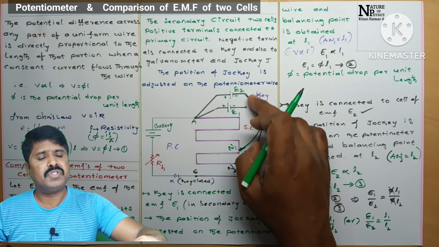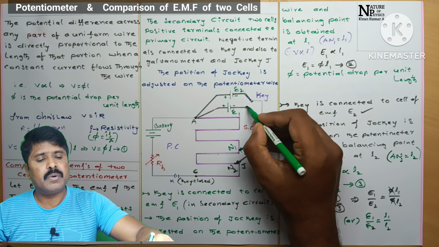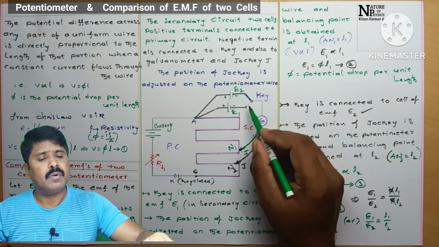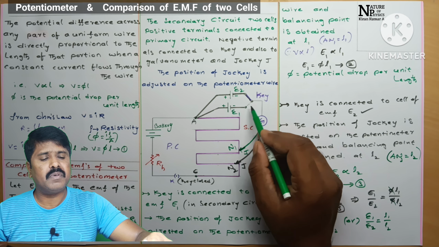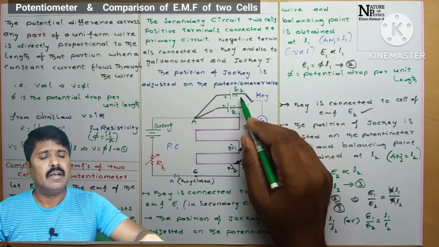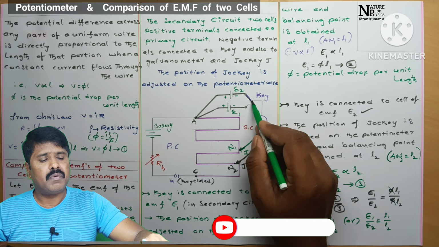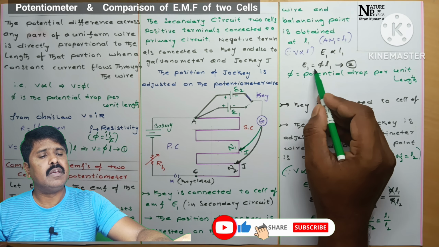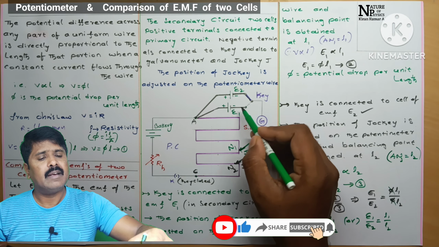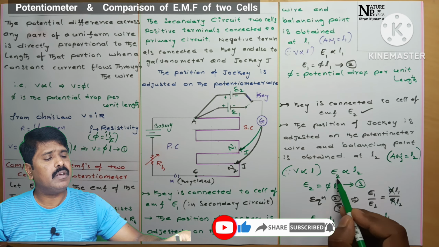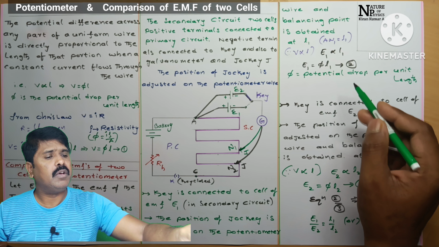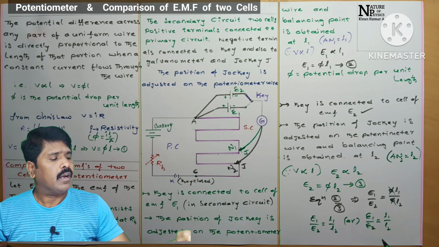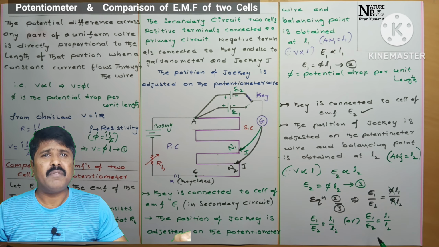First the key is connected to the cell of EMF E1, and second to the cell of EMF E2. For the first I got E1 equals phi L1, and for the second E2 equals phi L2. Equation 2 by 3 gives the comparison of EMF, the ratio of EMF of two cells by using a potentiometer.